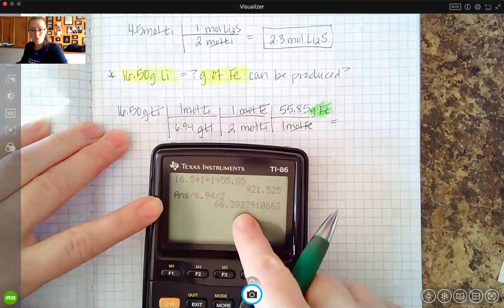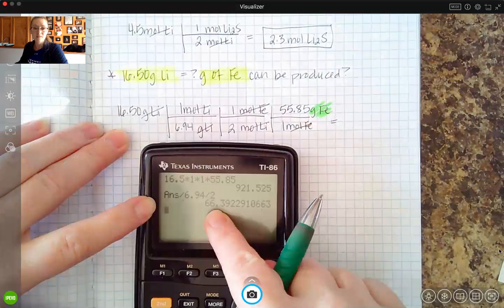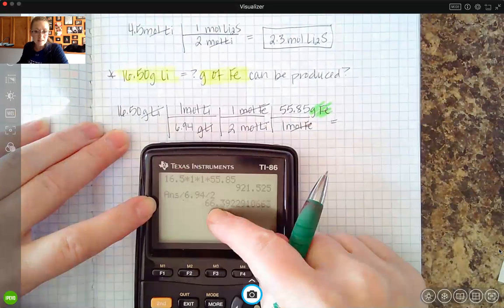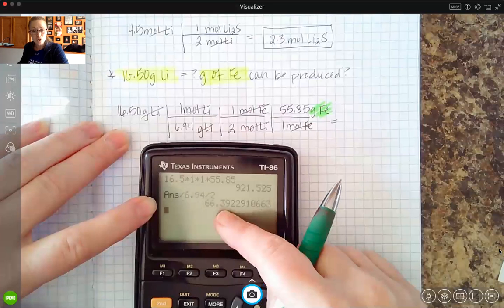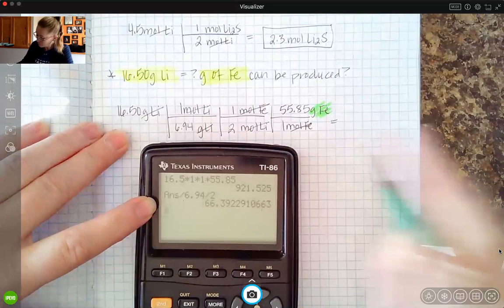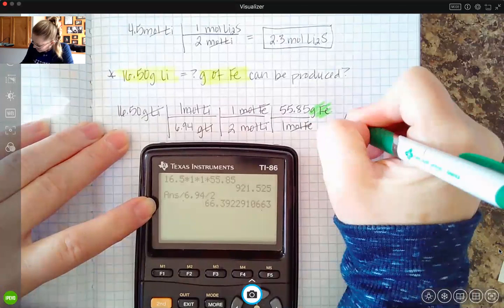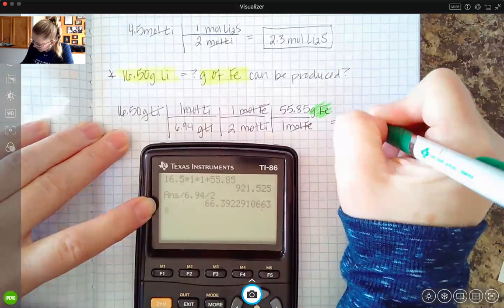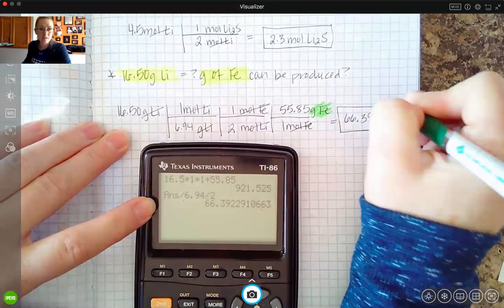I will give them 4 significant figures in my final answer. 66.39, and then ask, does the 2 round up or fall off? The 2 falls off. 66.39 grams of iron. And box your answer.